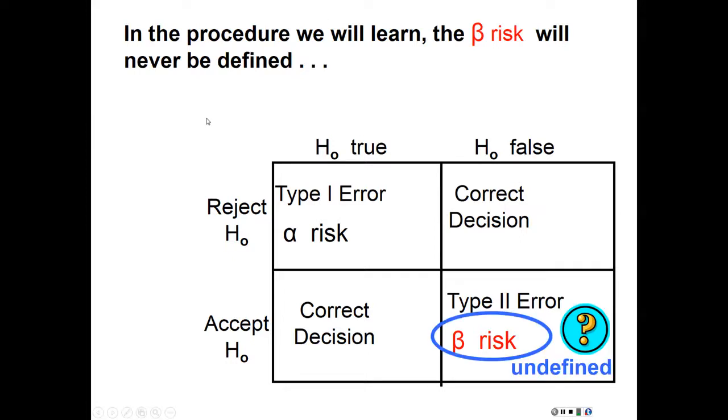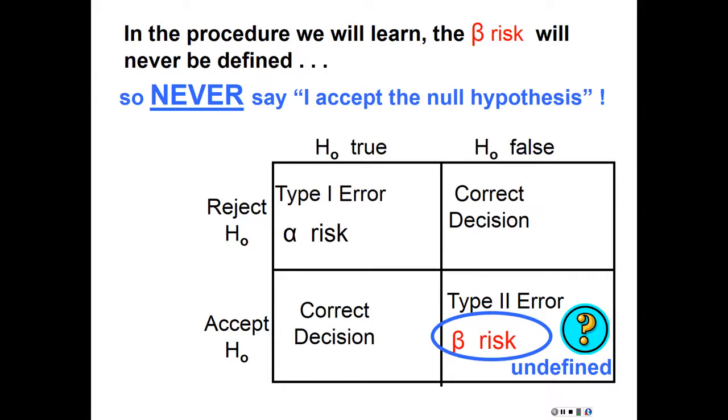So based on not knowing what the beta risk is going to be, what we want to do is never, ever, ever say, I accept the null hypothesis. You don't want to accept a lie, because we can't calculate the risk of accepting a false statement as truth.